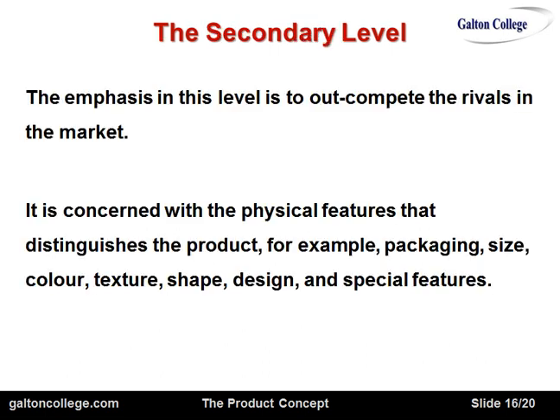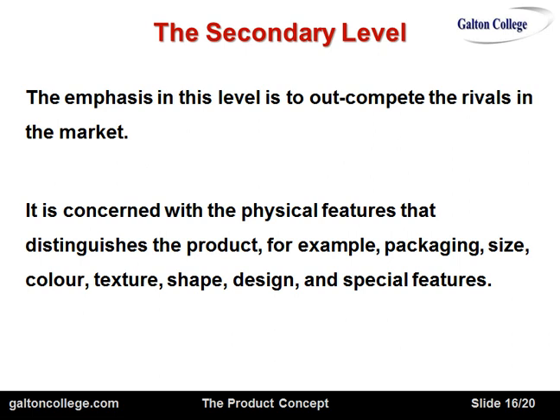Now, at the secondary level, the emphasis is to outcompete rivals in the market. It is concerned with the physical features that distinguish the product. For example, the packaging, the size, the color, the texture, the shape, the design, and special features. So, at this level, it's the shape of the product, the styling of the product.